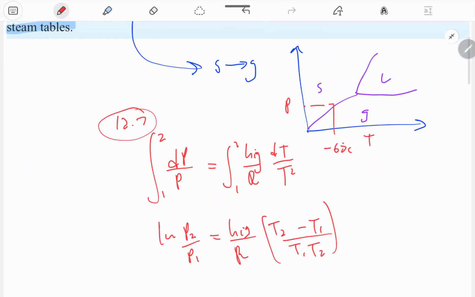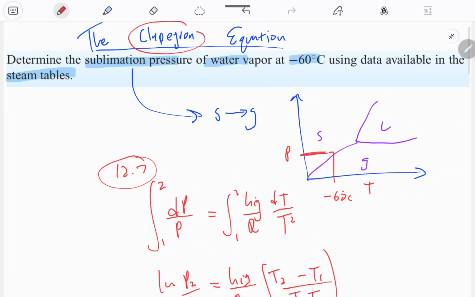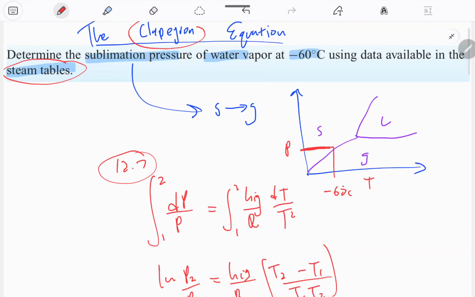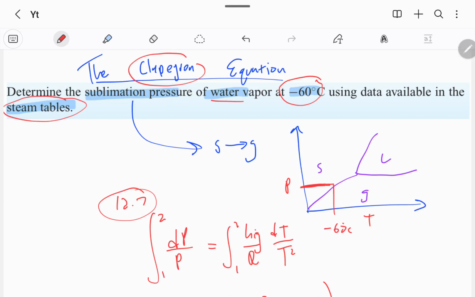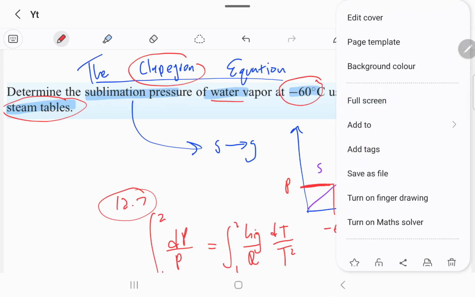Okay, so we're trying to find what is happening, but we're going to use information given in our steam table. Let's go to our steam table. What else do we notice? If you talk about water at this temperature, it should be solid. So we're going to look at the steam table for the ice part. Let's find our steam table.